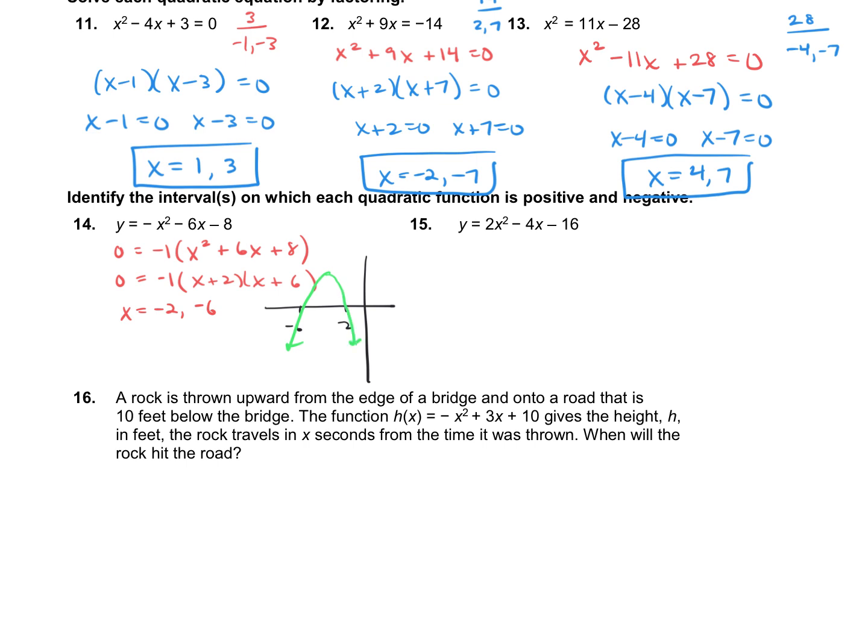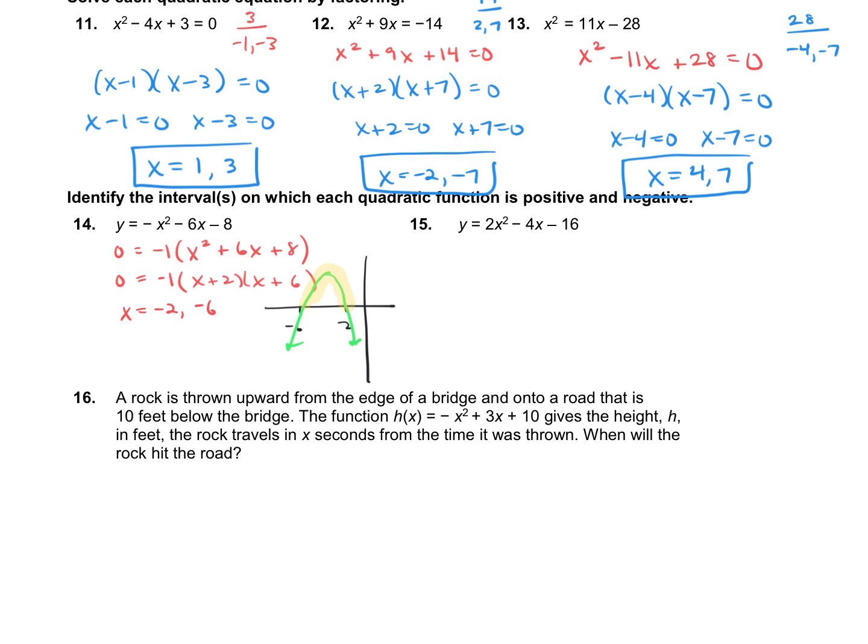Now, we have to write intervals in which the quadratic function is positive. So it's positive. Let me just do a little highlighting for you. Here's where it's positive when it's above the x-axis. So I can see, oh yeah, well that's from negative 4 to negative 2.